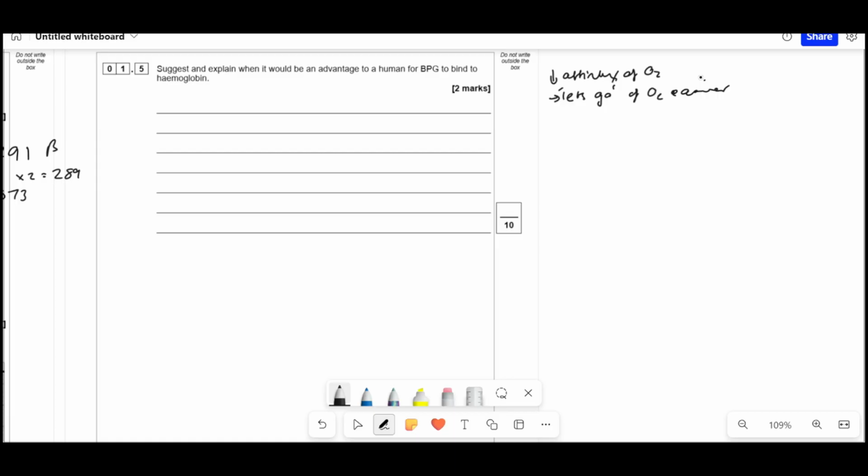Well, think about what you need oxygen for: respiration. So during exercise, there is more O2 released to aerobically respiring tissues.